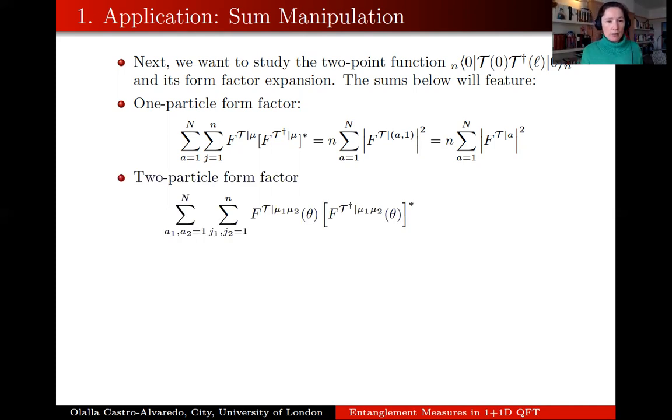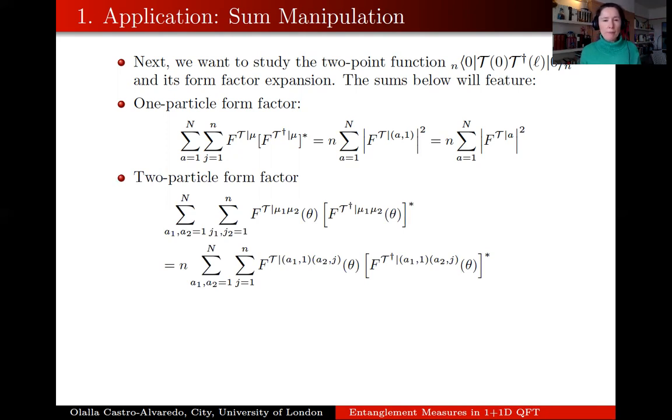If you have two particles, there are a few more steps. Now you're going to have a sum over 4 indices, so the particle types and the 2 copy numbers. But we said earlier that you can always place one of these particles in copy 1 because all copies are equivalent. And again, you can do that at the price of getting a factor n out in this computation. What else?